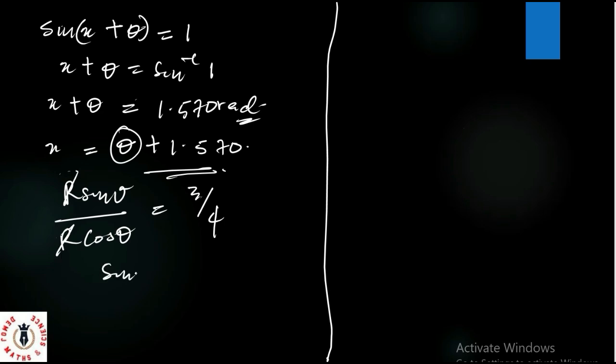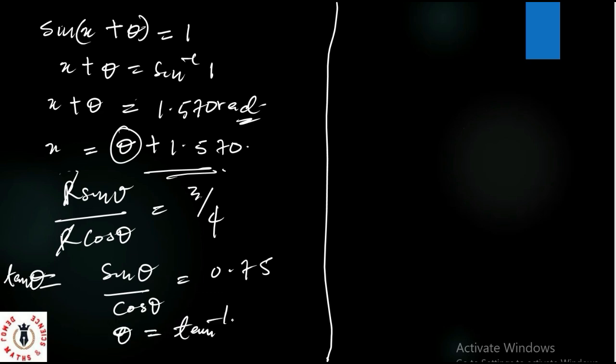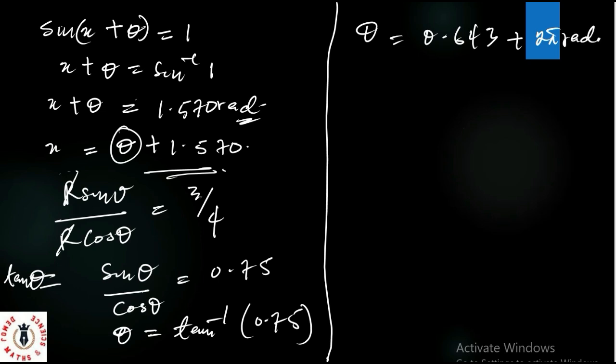Then I'll be left with sine theta over cos theta is equal to 0.75. Obviously, this is the same thing as tan theta. So that tan theta will be equal to the tan inverse of 0.75. Now theta equals 0.643 plus 2 pi in radians.